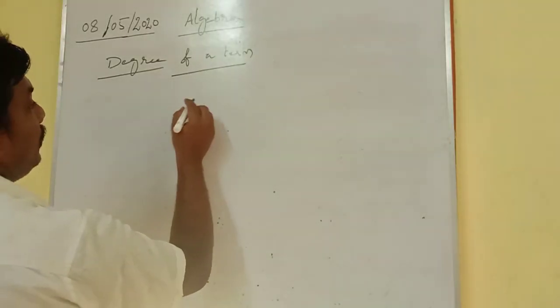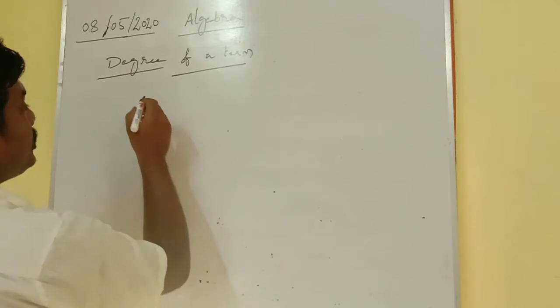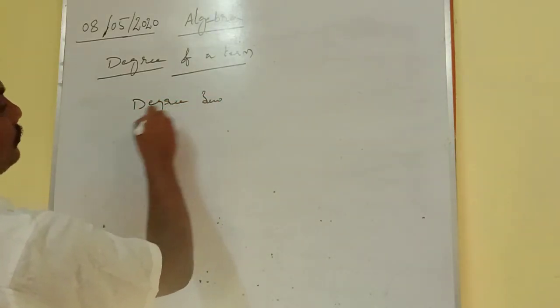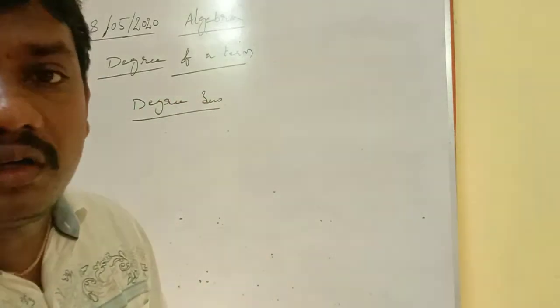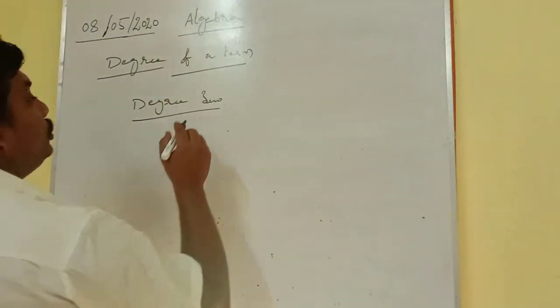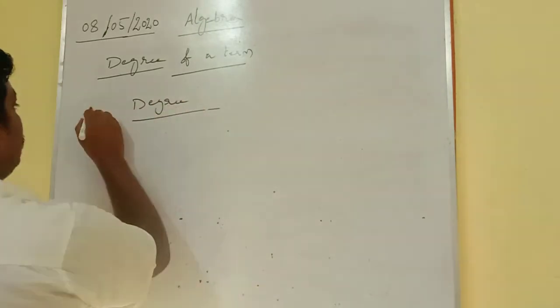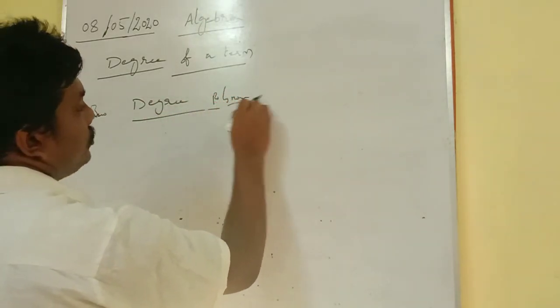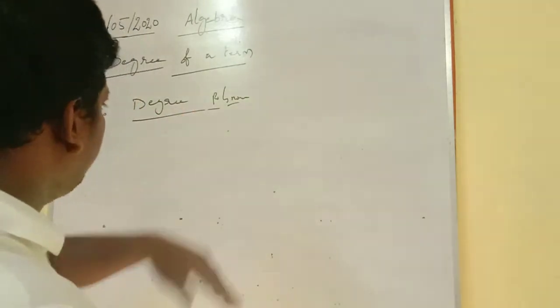What is the degree of a constant? Degree 0 is called constant polynomials, or 0 degree polynomials. What is a 0 degree polynomial?